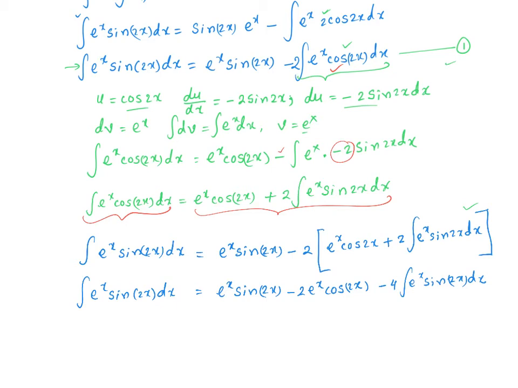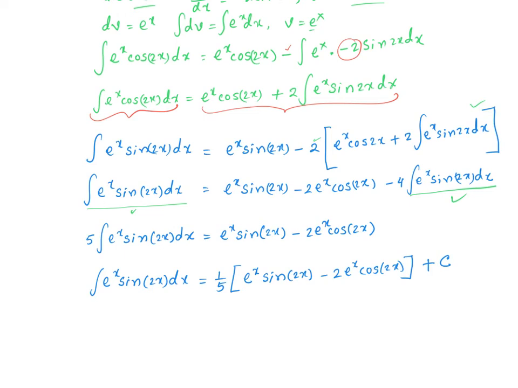Simplifying using the distributive property, I distribute the 2 and I get the following. Now, interesting observation: you have integral e to the power x sine of 2x dx on the right, and on the left as well. So I'm going to bring the right side term to the left.